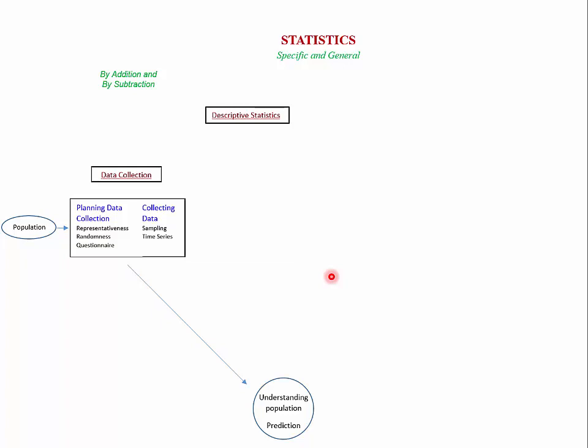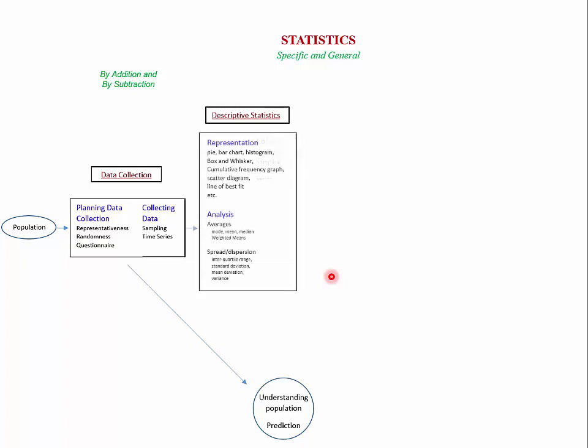So the next section in our chart is called descriptive statistics, because once we've got our data, we begin to examine it in different ways. And we may produce charts, pie charts, bar charts, histograms, and so on. And that gives us more information about the population and enables us to see it and any idiosyncrasies it's got and understand it better.